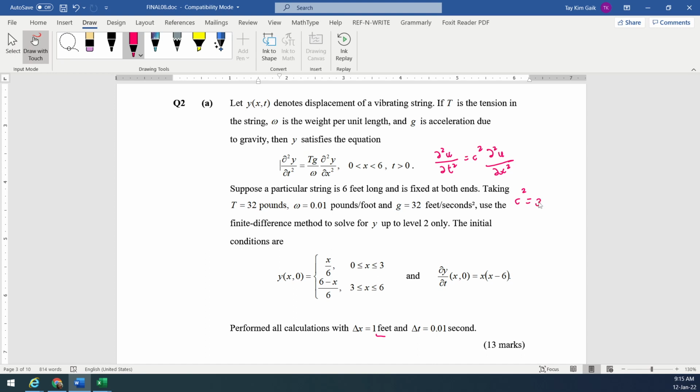T is 32 pounds, g is 32 feet per second squared, divided by omega, which is 0.01 pounds per foot. Pounds cancel, so the c squared here is in feet per second squared.